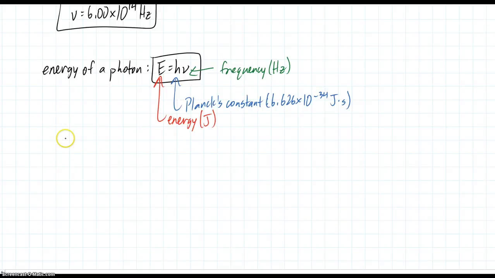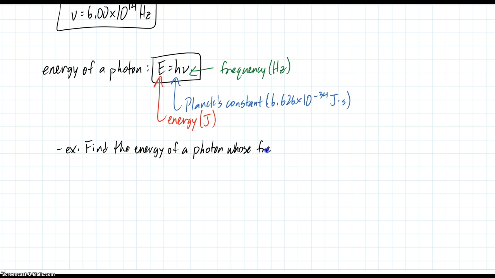So for example, let's say we want to find the energy of a photon whose frequency is 9.50 times 10 to the 14 hertz. So we know frequency, we're looking for energy of the photon.